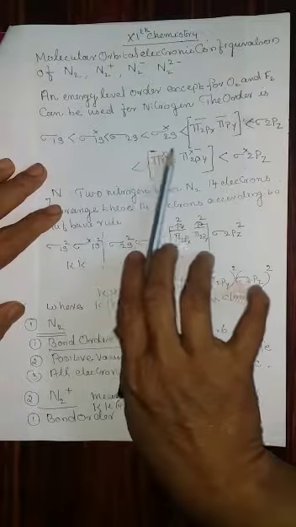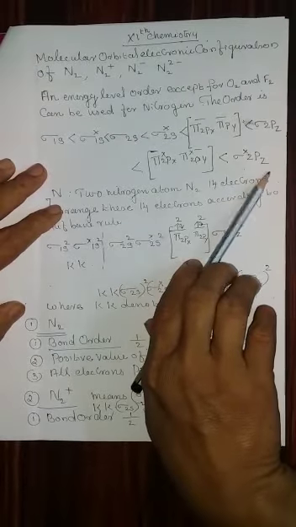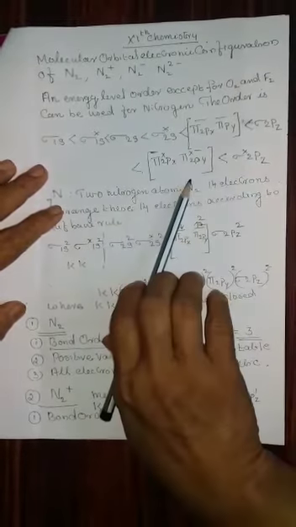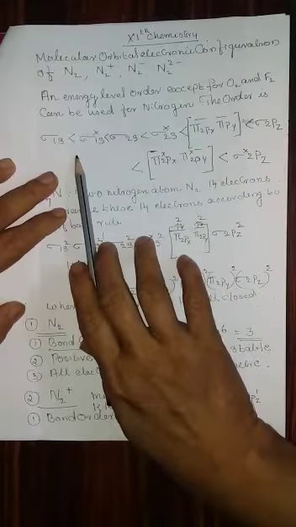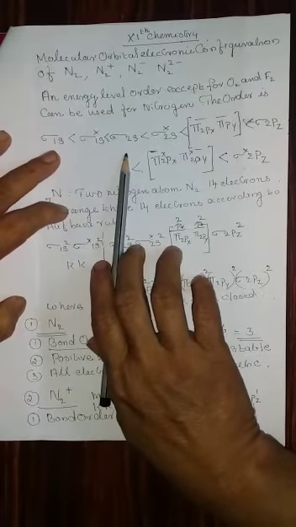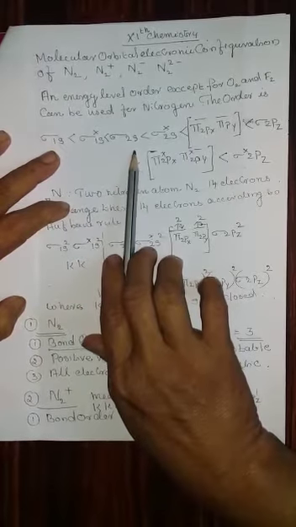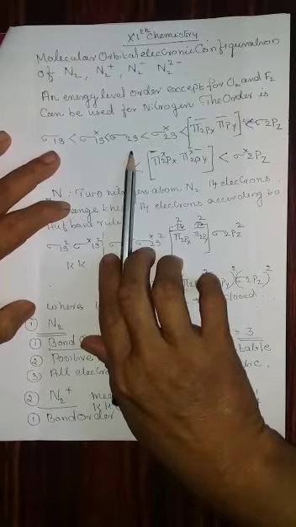First write the electronic configuration order, that is the Aufbau principle for this molecular electronic configuration. After that, you fill each orbital with 2 electrons. The maximum capacity of each orbital is 2, just like atomic orbitals.